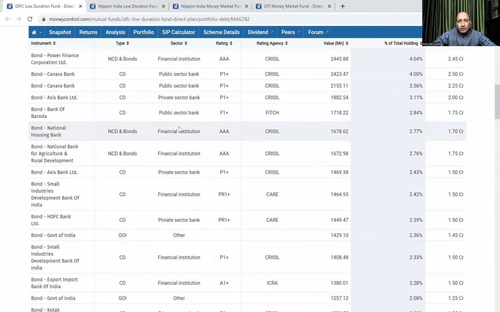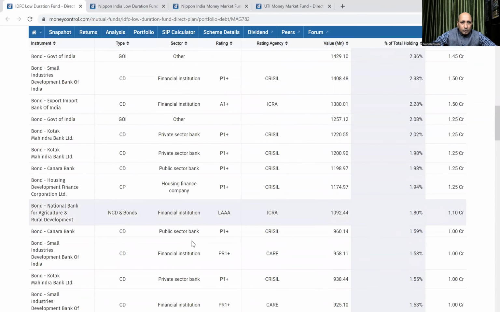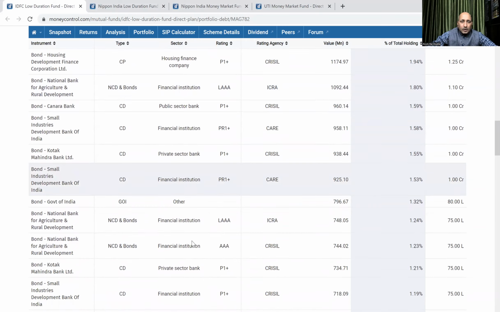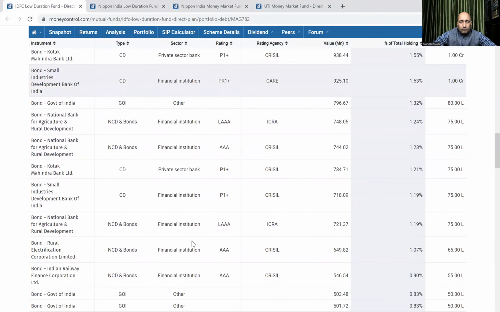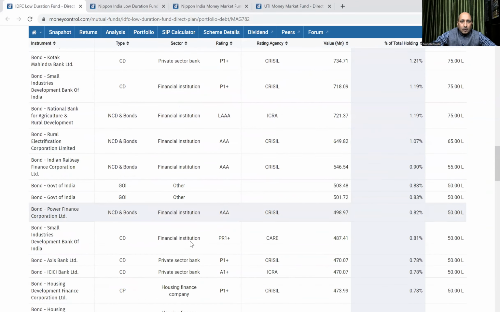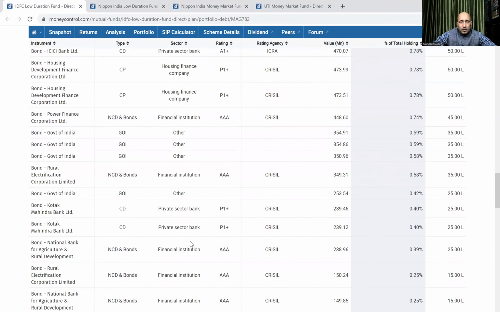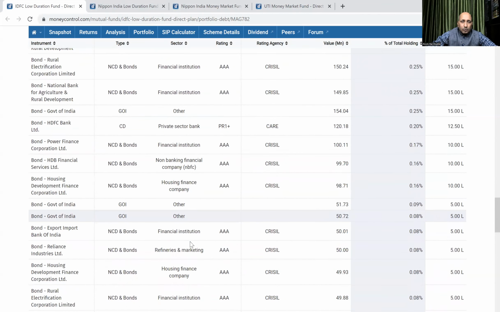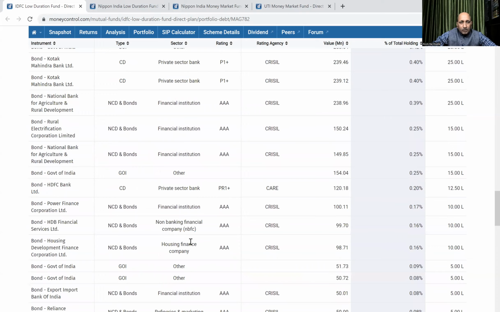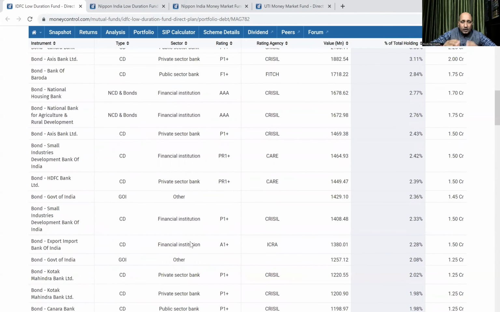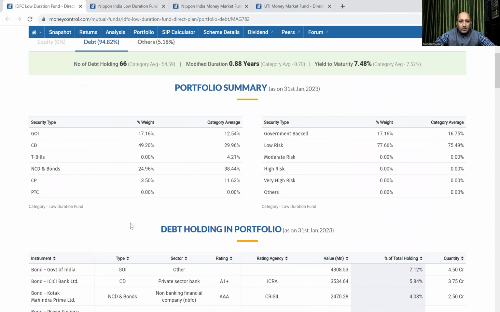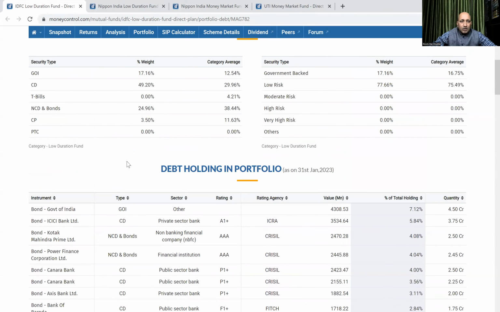So this is sovereign risk. We can see they have invested in low risk debt instruments or bonds only. But despite this, there is some associated risk, and we should be aware of this, how much its modified duration is.